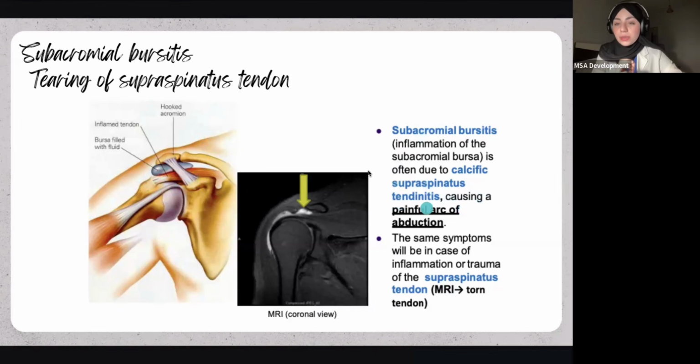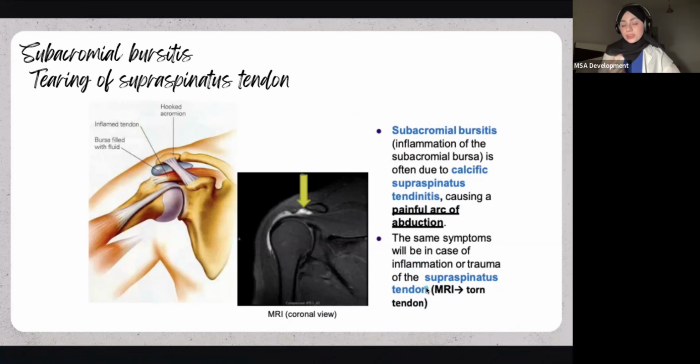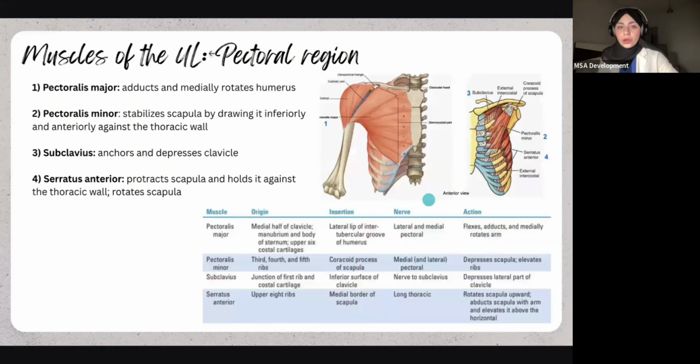But specifically, sorry, not to confuse you guys, painful arc is associated with inflammation. But the same or similar presentation could occur if the supraspinatus tendon itself is not working. So it could either be that the patient is in immense pain because of this inflammation, and the area is going to be calcified, calcific supraspinatus tendinitis, which results in painful arc. I can't initiate the arc, or the tendon is ruptured. Hopefully that made sense. Moving on.